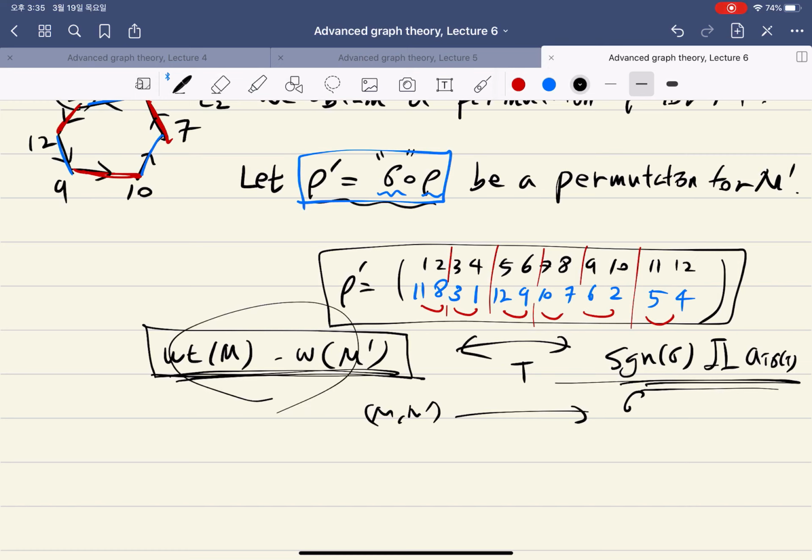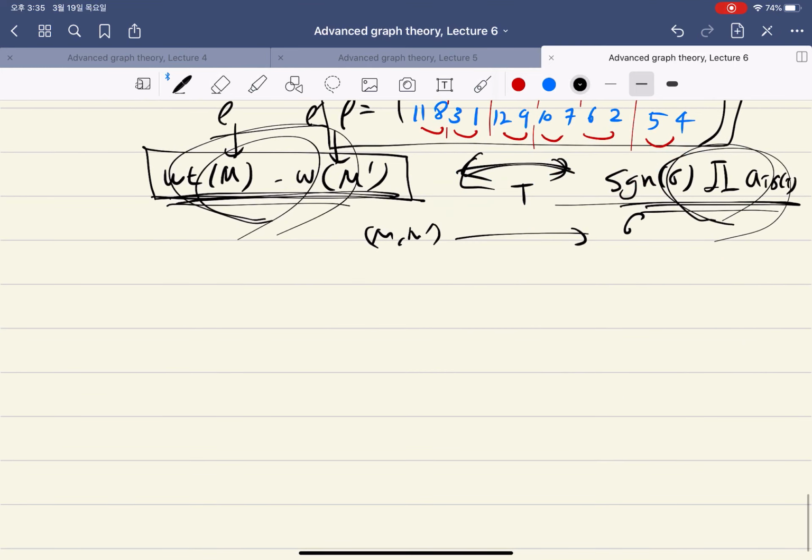Once this is positive, is it positive? Once this is negative, is it negative? But now we have some specific permutation corresponding to this, rho and rho prime. From that, we can actually predict how the sign changes between these two. Then, the sign of rho prime is the same as the sign of sigma times the sign of rho.